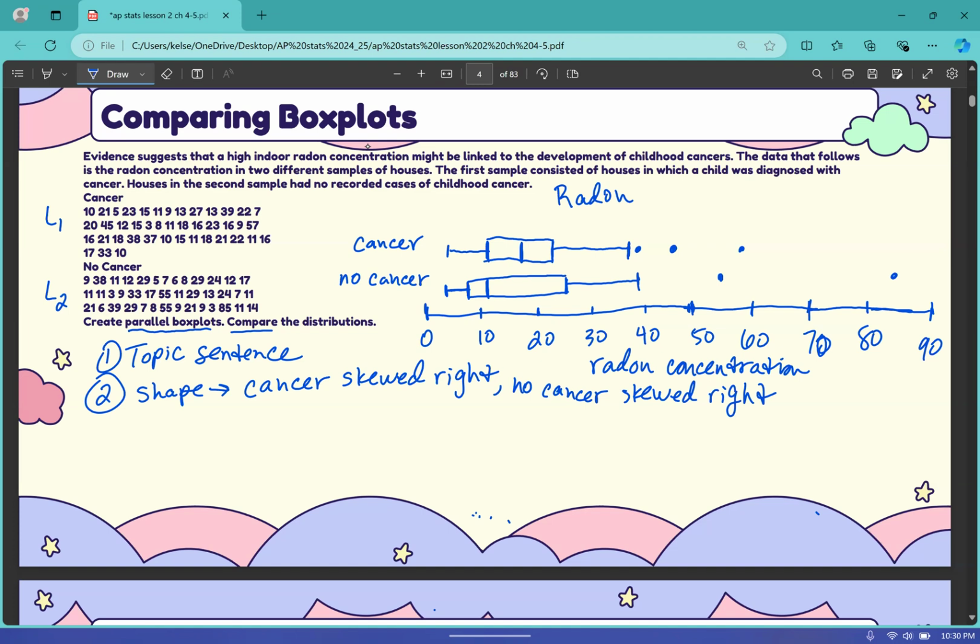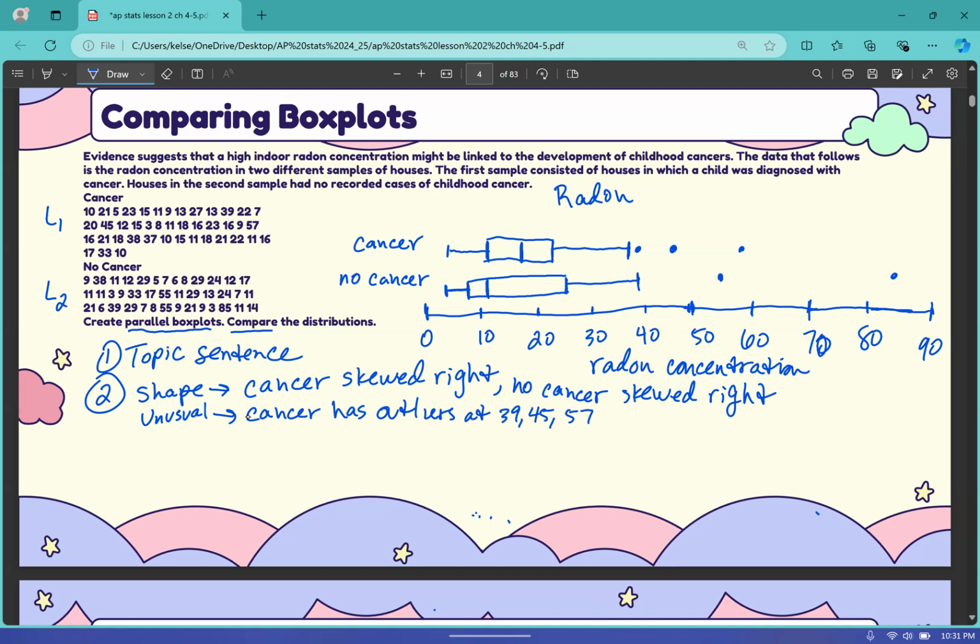Then we have the unusual features. And here we're definitely going to comment on these outliers. So Cancer has outliers at 39, 45, and 57.